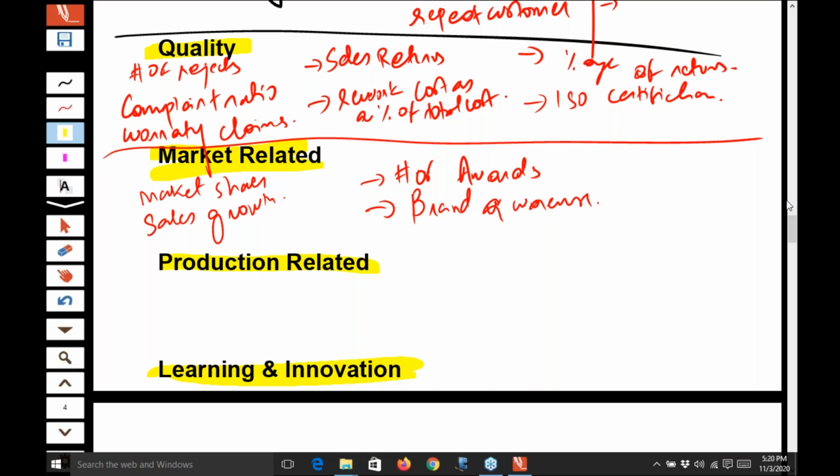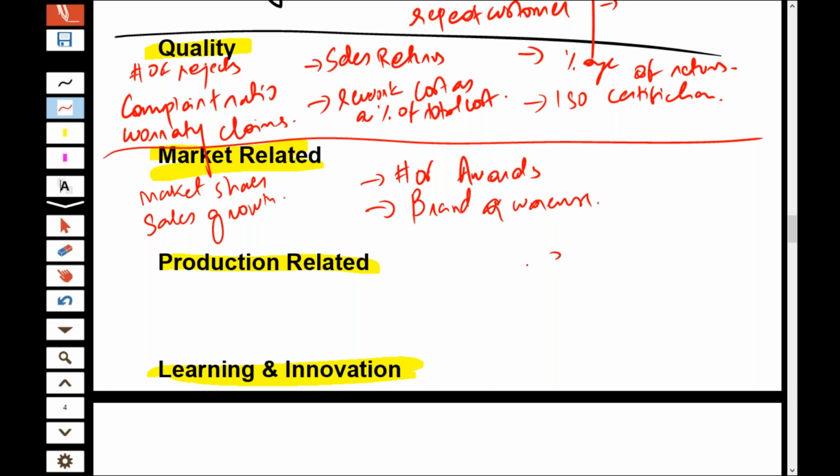So can we just have production related things? Yes, this is the right participation. Production related, okay, yes, this is idle time, right? Good enough. Cycle time, okay.